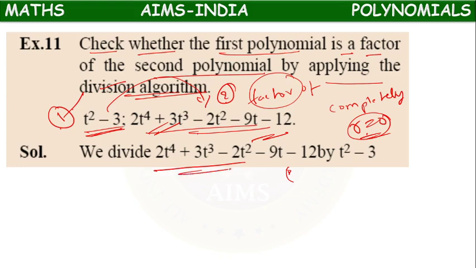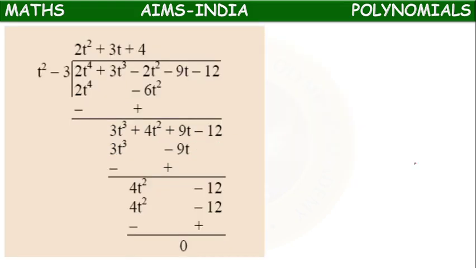So let's divide the second polynomial by the first polynomial. Here 2t to the power 4, plus 3t cube, minus 2t square, minus 9t, minus 12, divided by t square minus 3.